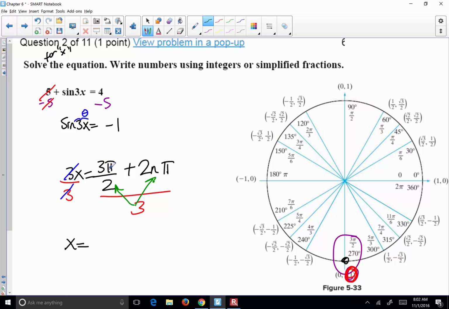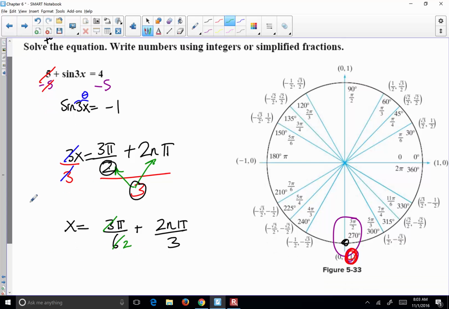When you divide 3 pi not only by 2 but 3, it means the combination of these makes 6. 3 pi over 6 and 2n pi over 3. Please simplify if possible. Isn't 3 pi over 6 equal to pi over 2? So it's just pi over 2 plus 2n pi over 3.